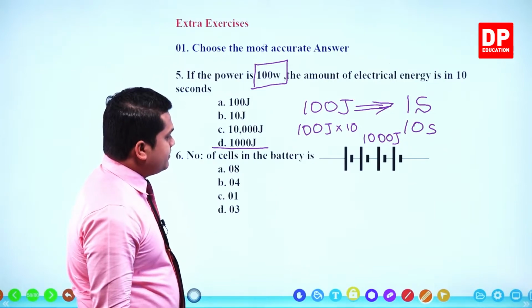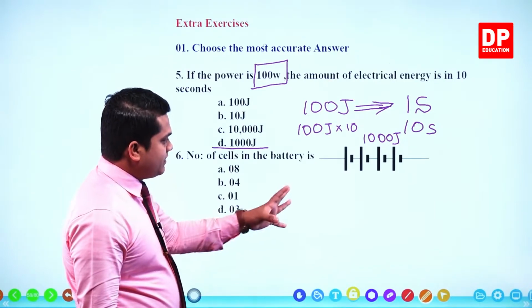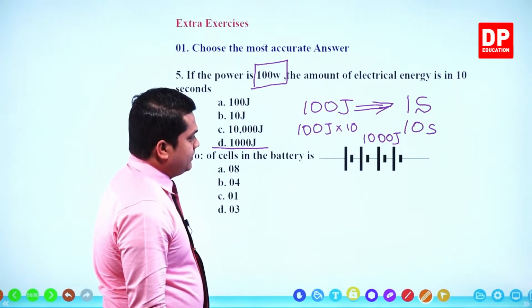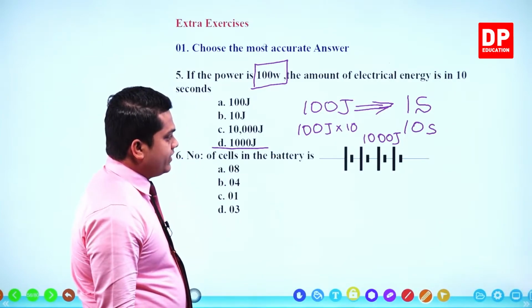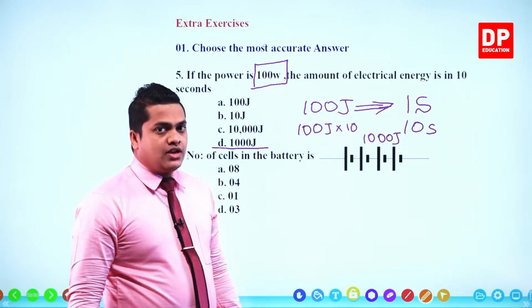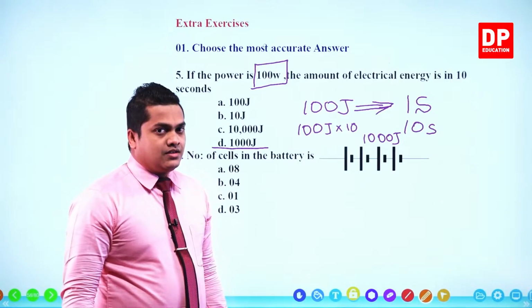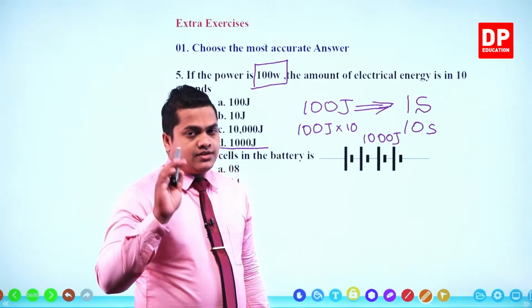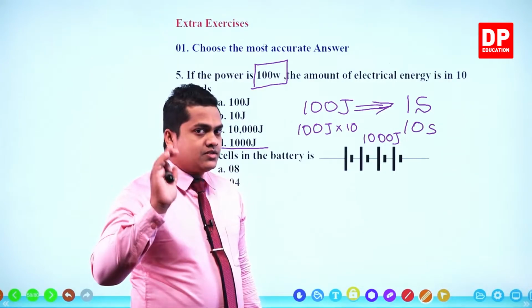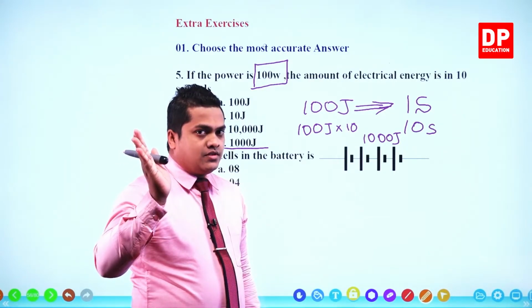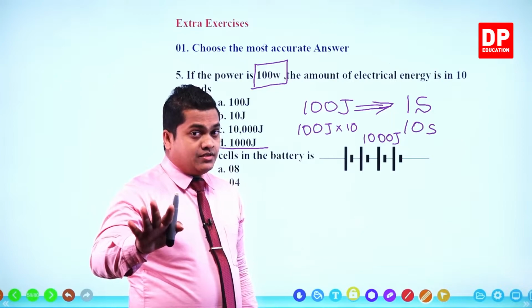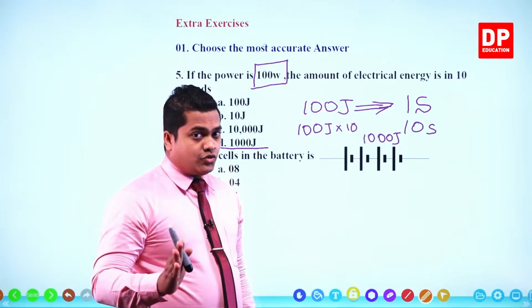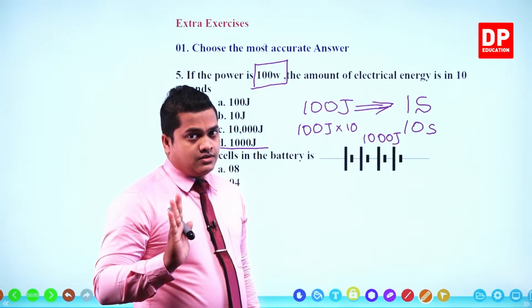The number of cells in that battery is, so this is a battery created by connecting several cells together. So you have to find out the number of cells in it. So let's count. When you are counting, just count only the longer terminals or else the shorter ones. Don't count all the terminals, just count either the shorter ones or the longer ones.